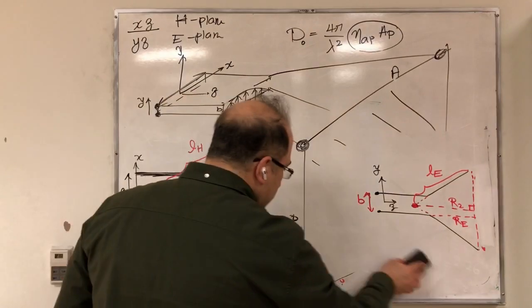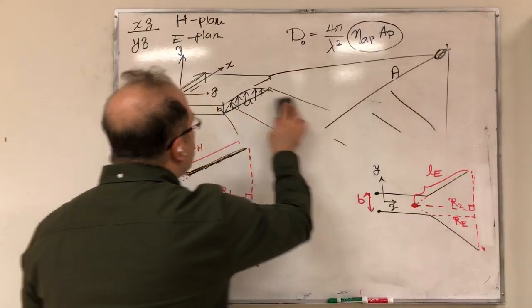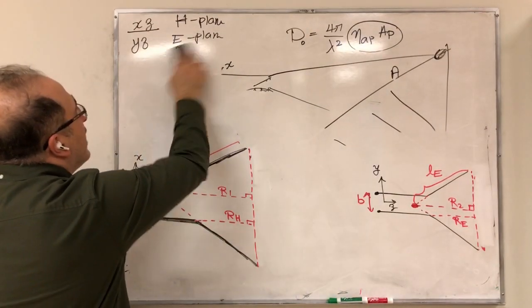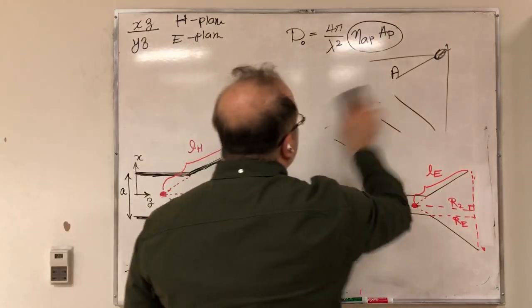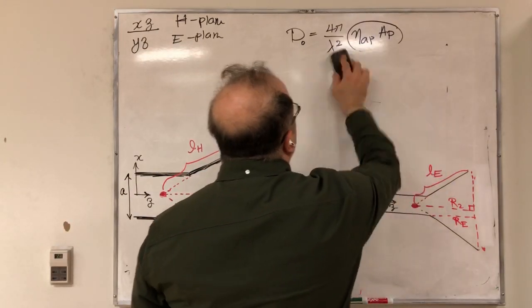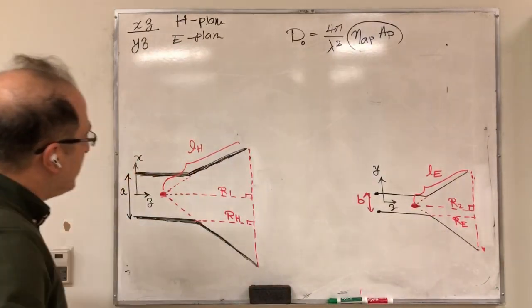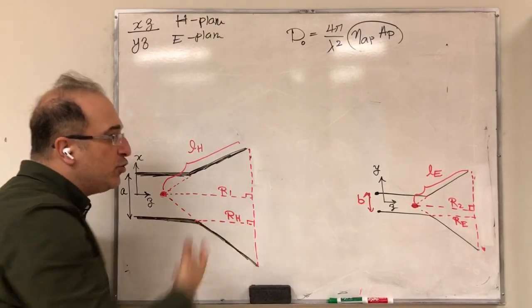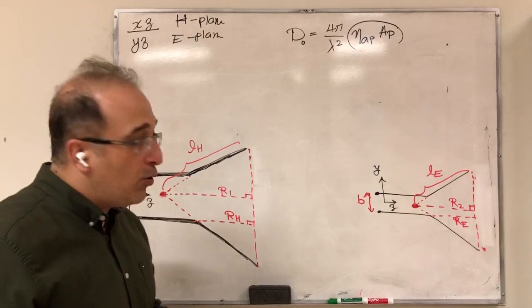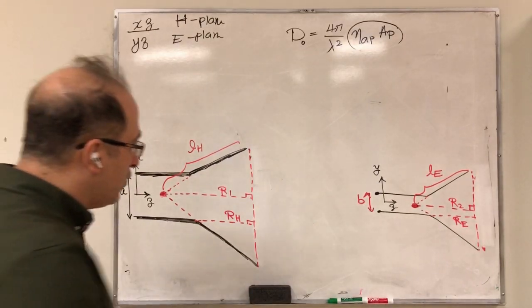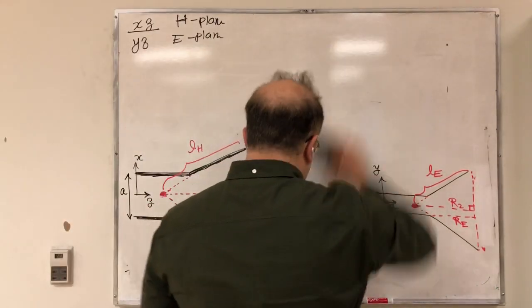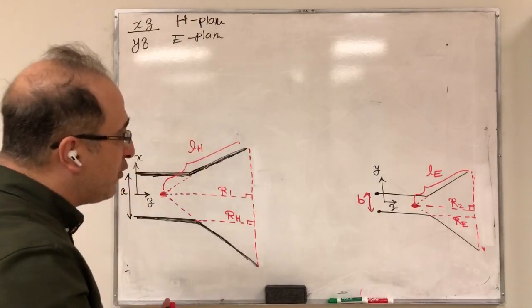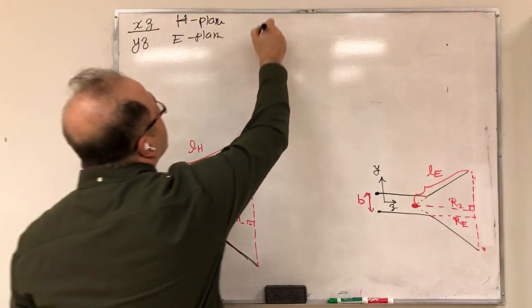Now, let's see what we need to determine to design our horn antenna. If I want to design the three-dimensional horn antenna, I need to know the dimensions of the horn in these two cross sections. Let me start with the pieces of information that we usually have.